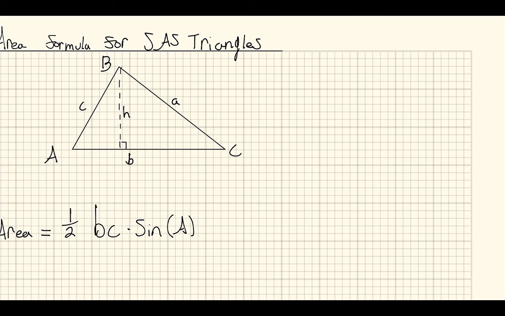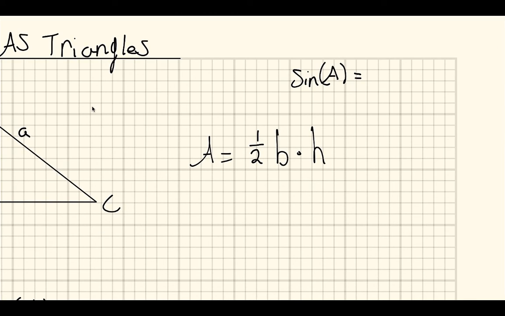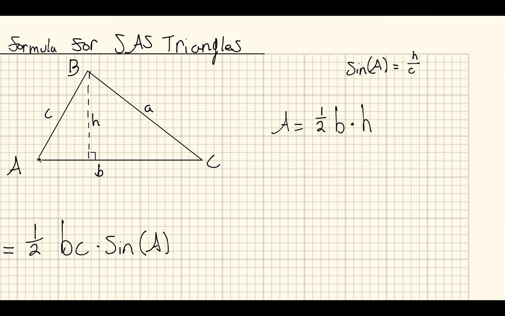Think about the area just being 1/2 the base B times the height H. Also, what is the sine of angle A in this picture? We have this right triangle here. The sine of angle A is H over C. Recall that here's angle A, it's opposite side over the hypotenuse.